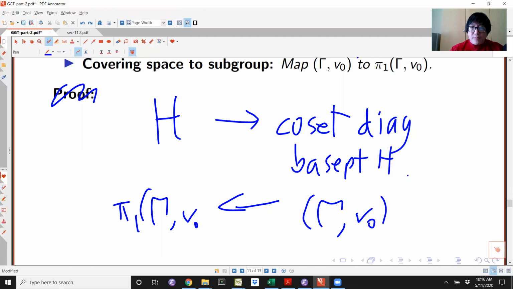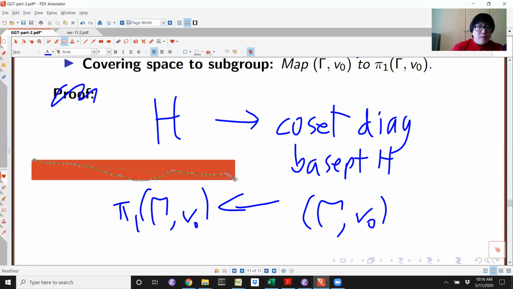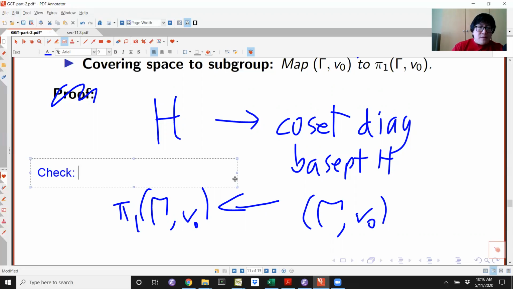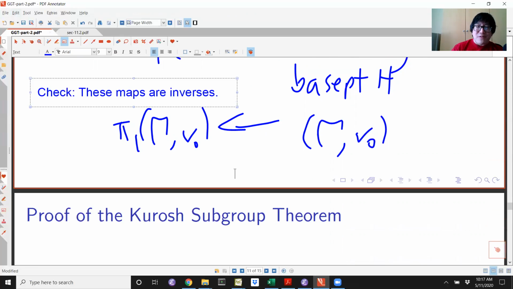You can check that these maps are inverses of each other. I would totally spend a little time doing that if we didn't have negative one minutes left. My bad for chilling out at the beginning.